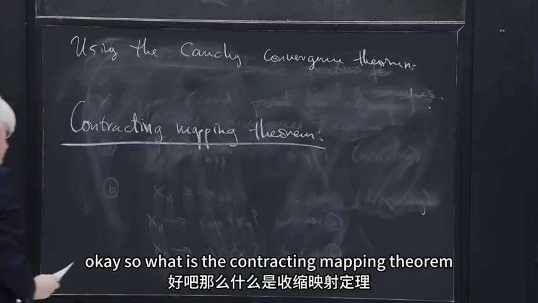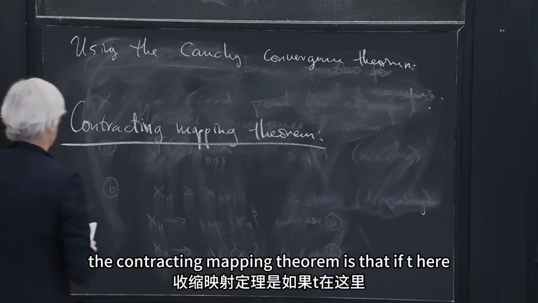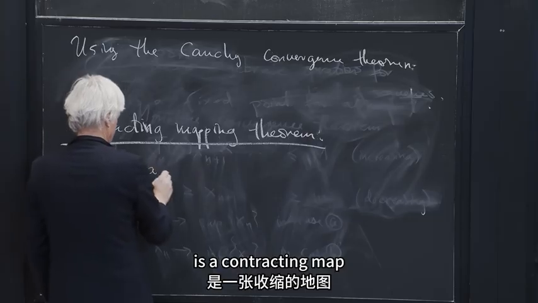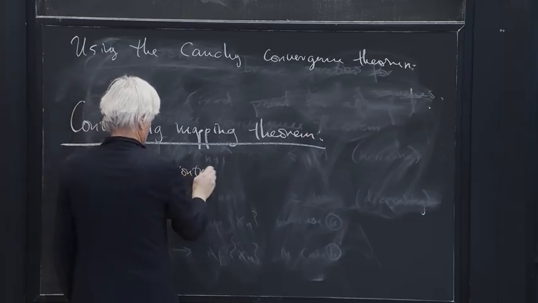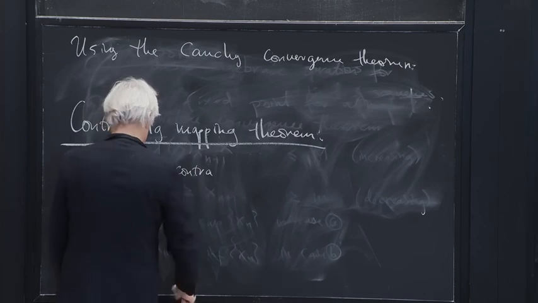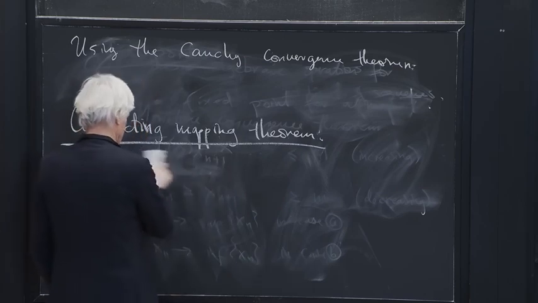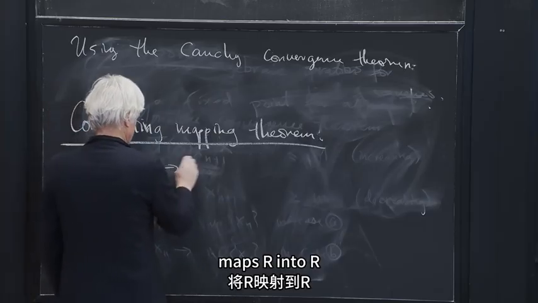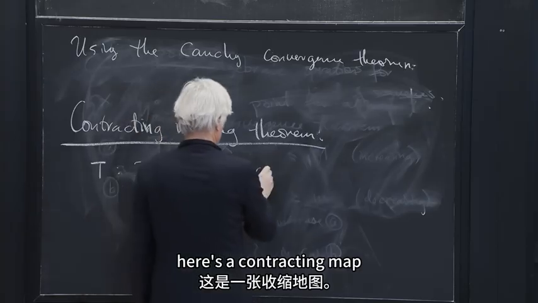Okay, so what is the contracting mapping theorem? The contracting mapping theorem is that if T here is a contracting map, so T from R to R, maps R into R, is a contracting map.